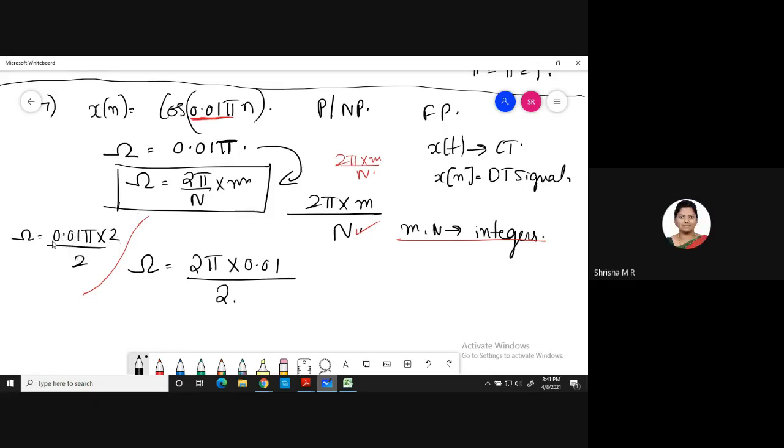I have just rearranged this to write 2 pi into 0.01 by 2. Okay, ma'am. So what is the condition here? m and n should be integers, right? So it is 2 pi into 1 divided by 2 into, shall I write 0.01 as 1 by 100.